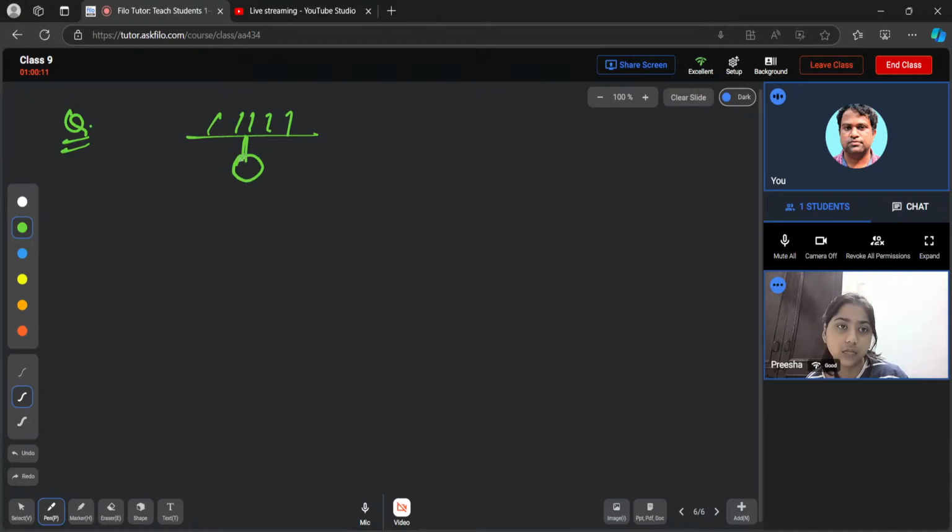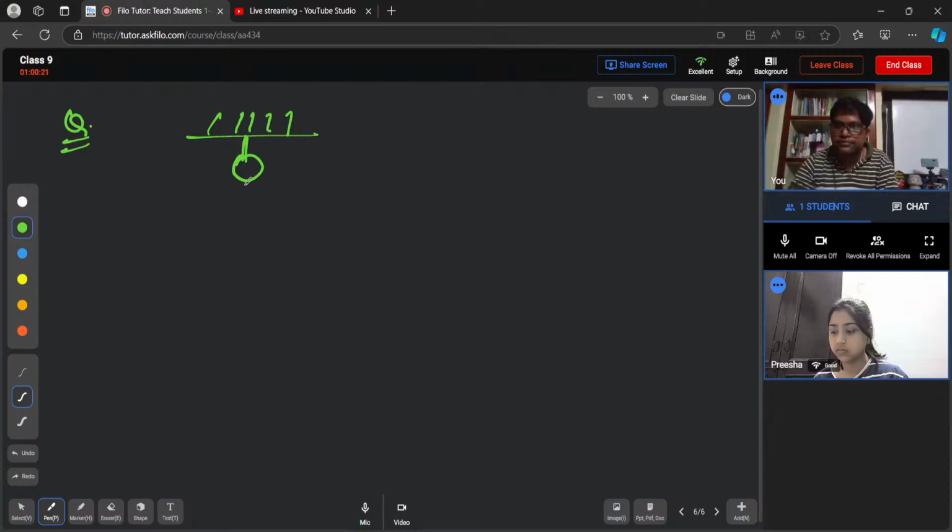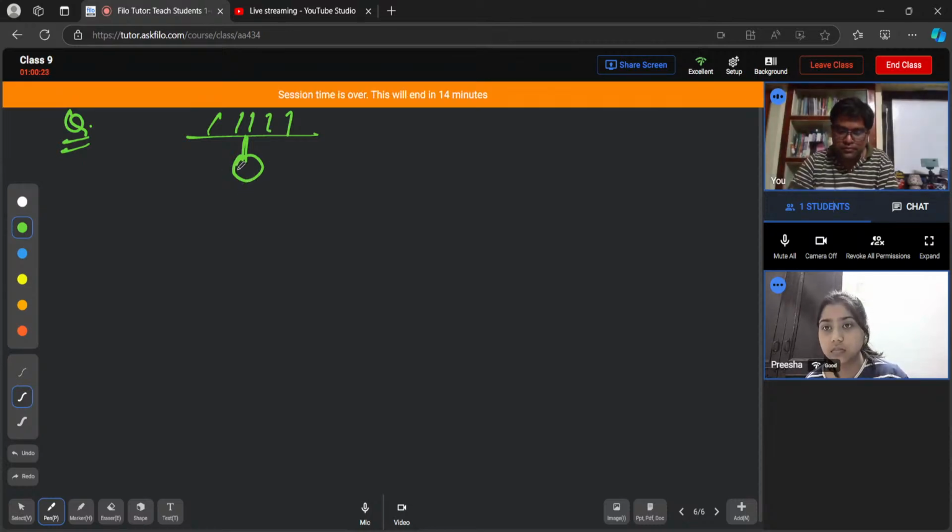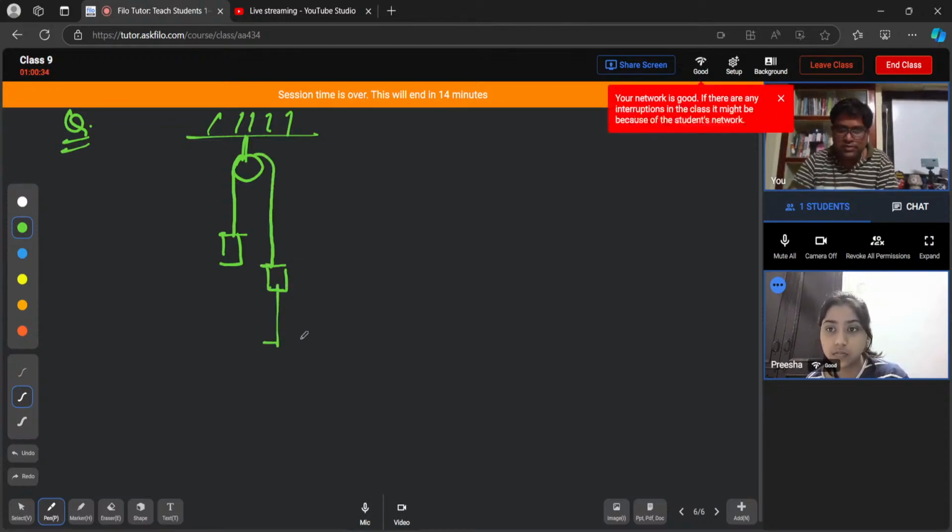This is a pulley. One is the mass. There is another mass, and another mass is hanging here.